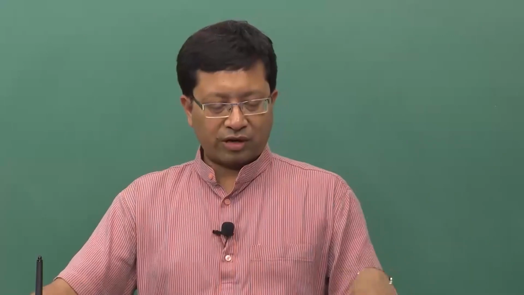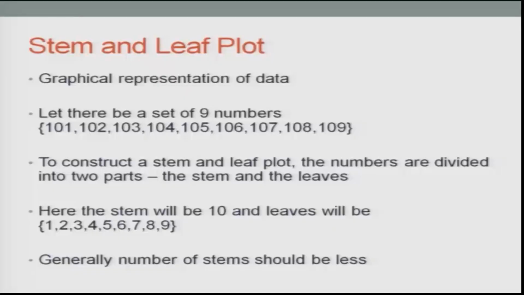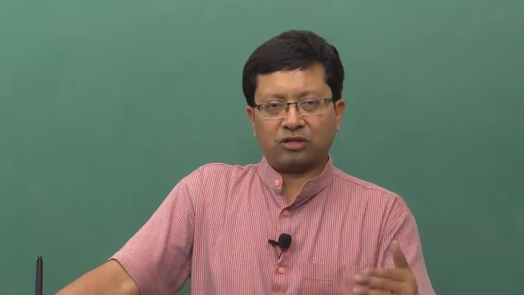The digits 1, 0 are common to all 9 numbers, so we consider them the main stem, and the leaves are the adjoining numbers after 10, which make up the sequence.